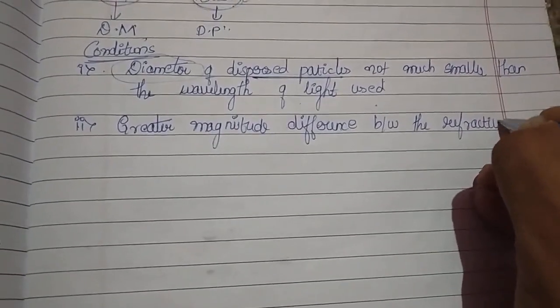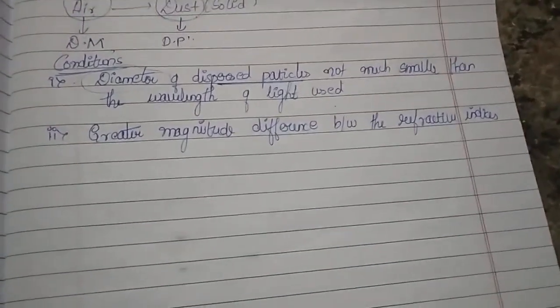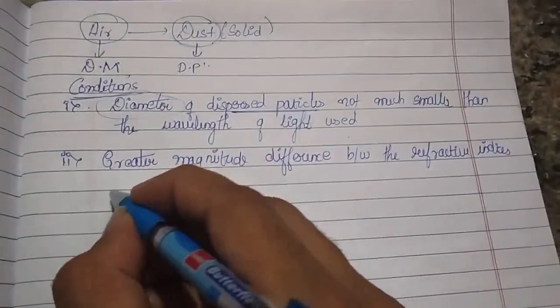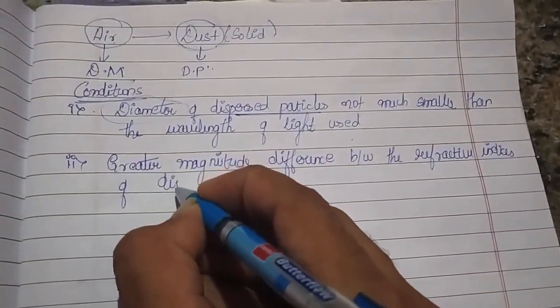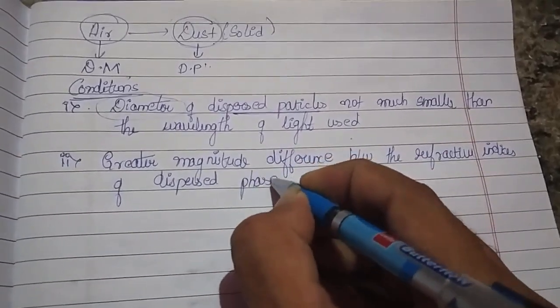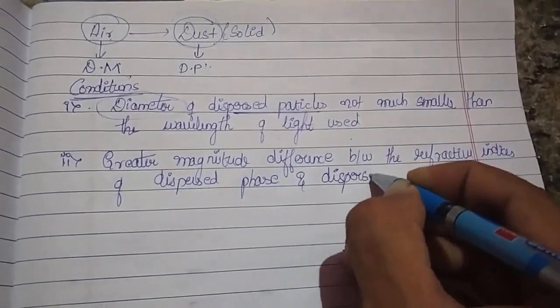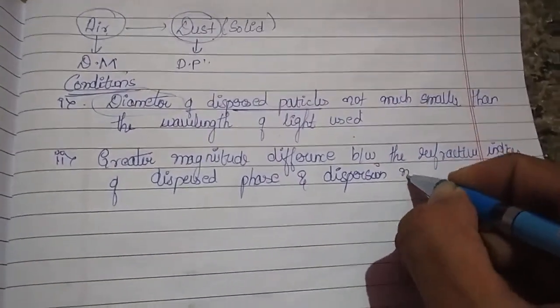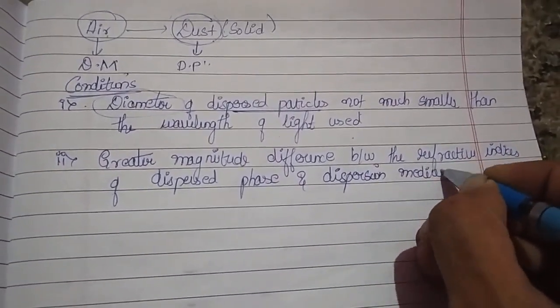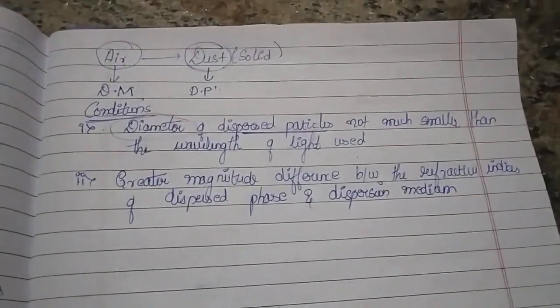The refractive indices, which we have seen in lower classes, of your dispersed phase and the dispersion medium. So these are the two criteria only when we can see the Tyndall effect.